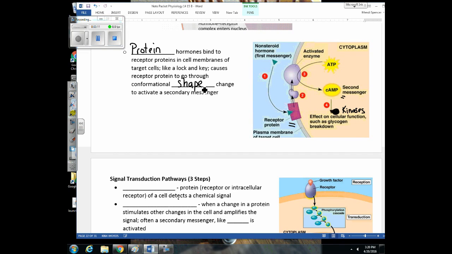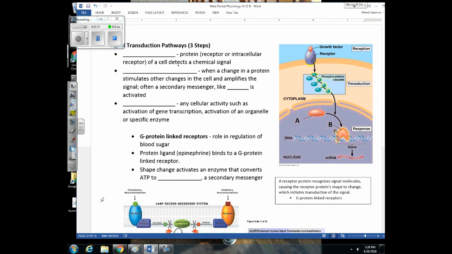The reason why this protein is activating this protein is because it has a shape change. And that's how most proteins work. When a molecule binds to them, there's a change in shape, and that allows them to activate or react with another molecule.